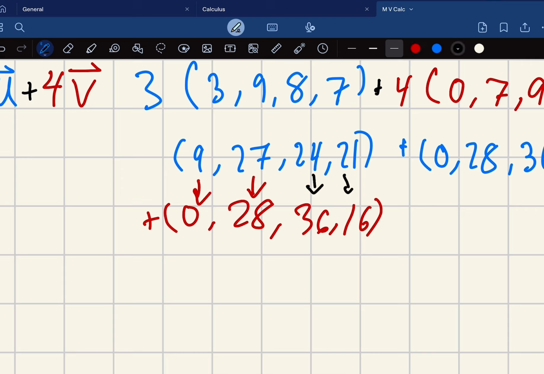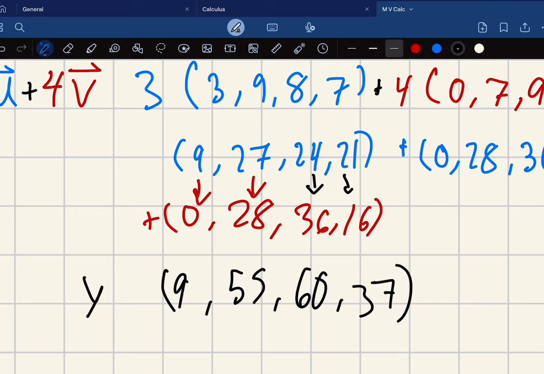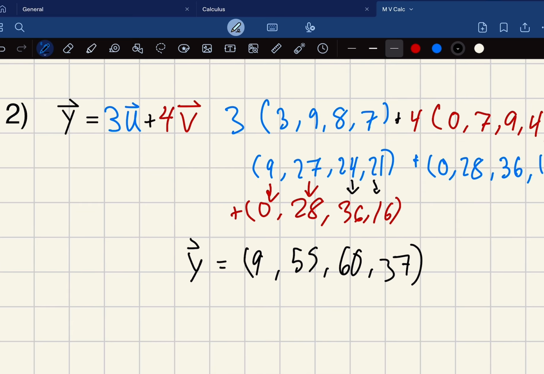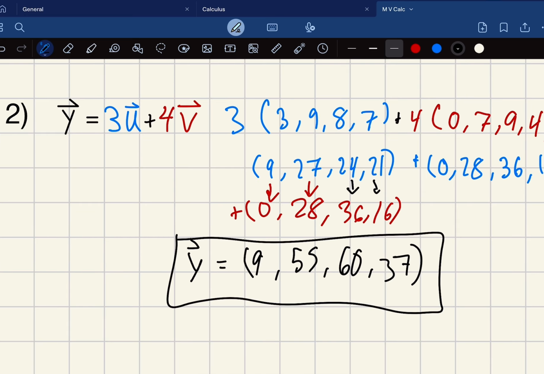So 0 plus 9 is 9. 27 plus 28, I have to think about that, 55. 24 plus 36 would be 60. And then 21 plus 16, that would be 37. So this right here is our vector y, and that is our answer.